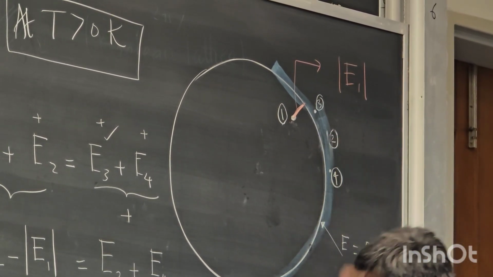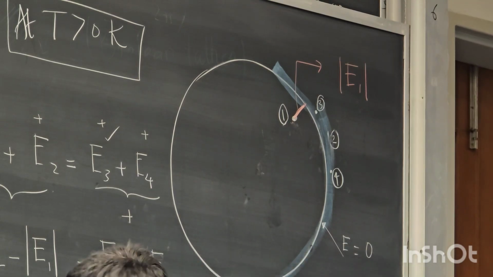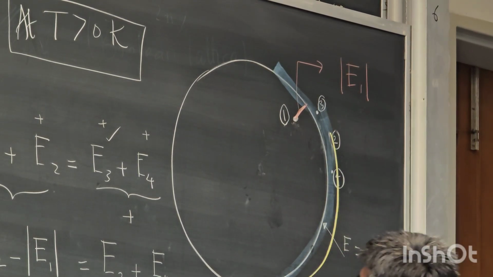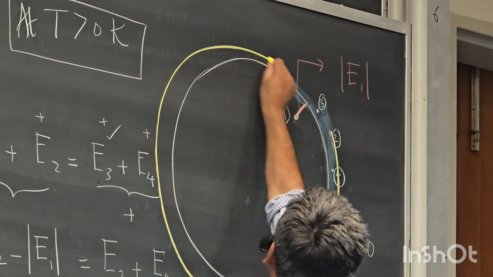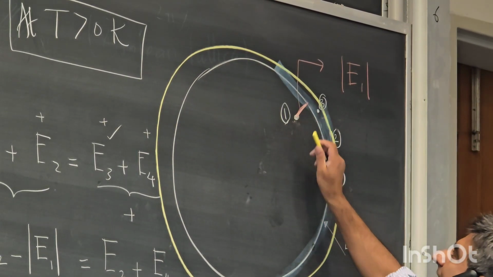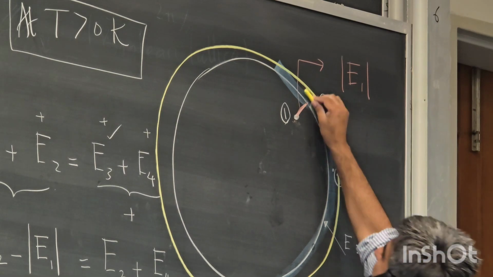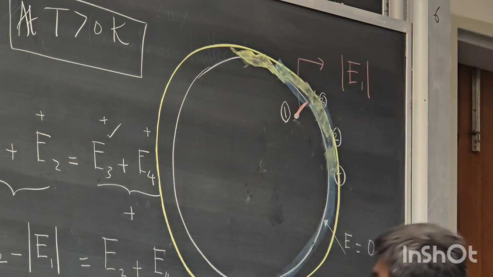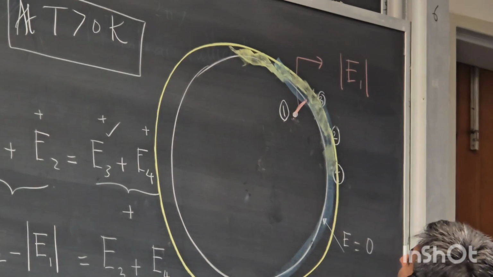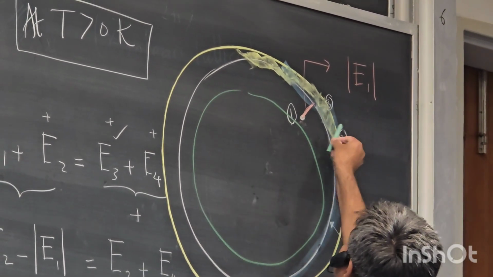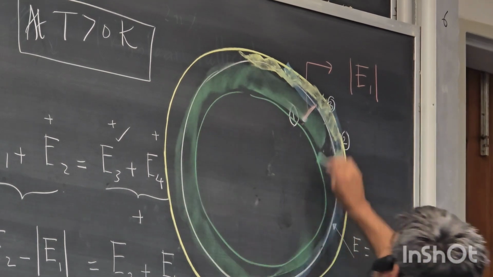So if I were to draw a circle which passes through E2, and it is outside the Fermi sphere, then this E1 has to be inside a circle of the same width as this E1.